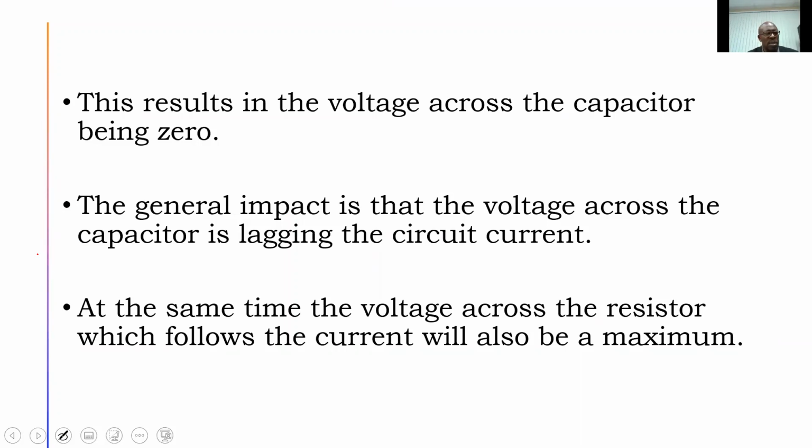The voltage across the capacitor, we will see after we have seen a current through the capacitor. The other way of putting it is that the current is leading the voltage across the capacitor. At the same time, the voltage across the resistor, which follows the current, will be at its maximum, meaning at the point I close the circuit.